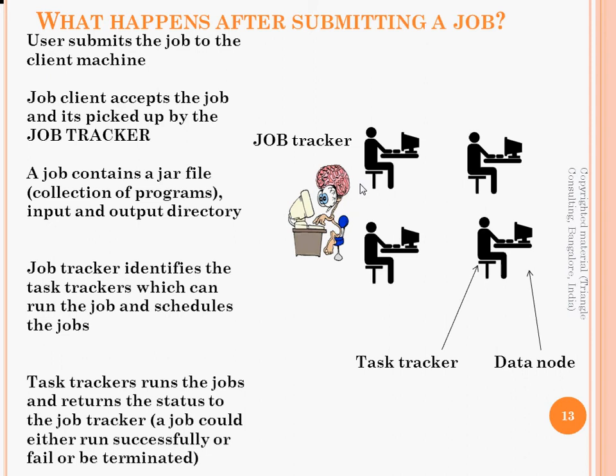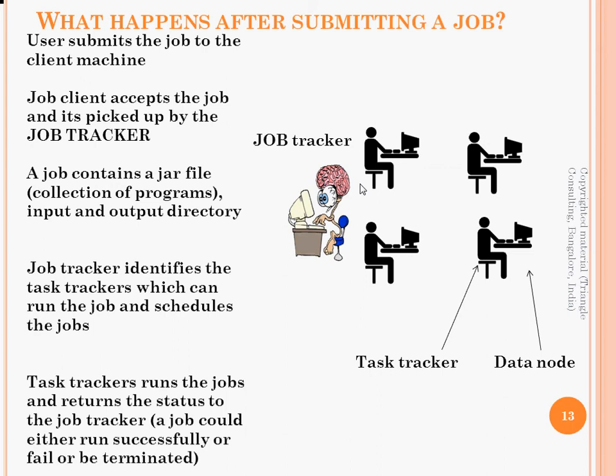The job tracker identifies those task trackers where the job can actually be run. Now remember, in the traditional model of computing, we brought the data to the program, but in this distributed computing, we are taking the program and executing it wherever the input file splits are loaded.